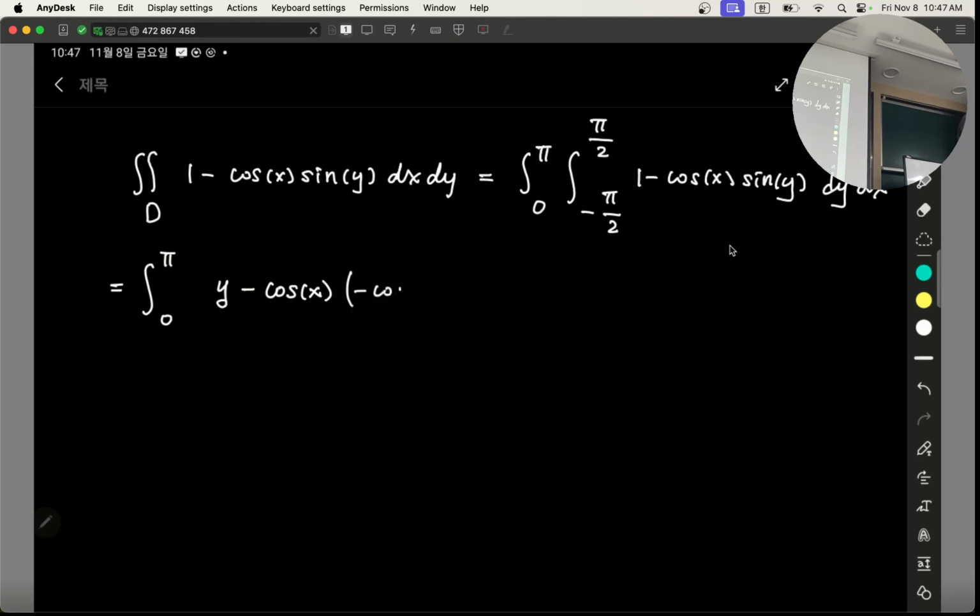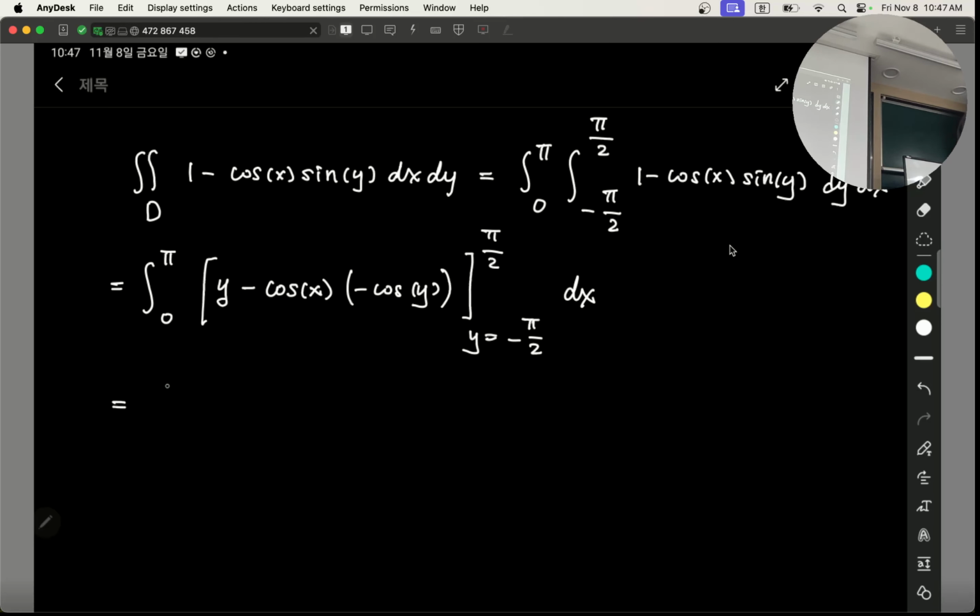Minus cosine y. So that's from minus pi over 2 to pi over 2. Since it's confusing if I just put the limits, whether they're for x or y, it's better to specify the variable that I'm putting the limits on, and then dx. Before carrying out the other integral, let's make it simpler. The integral from 0 to pi of pi minus cosine x times... and what's minus cosine of pi over 2?